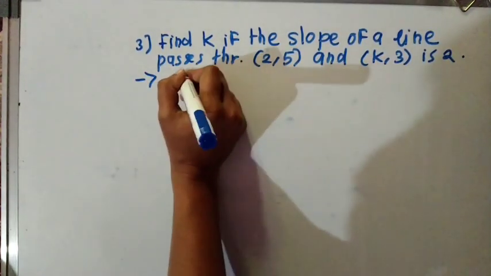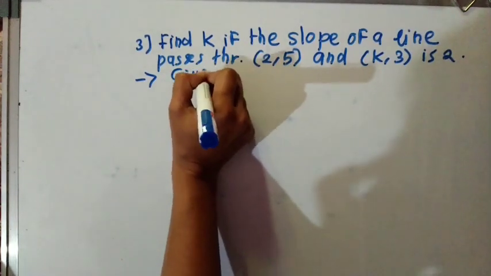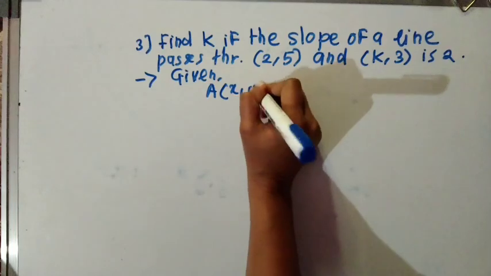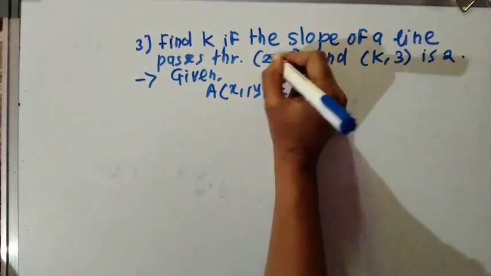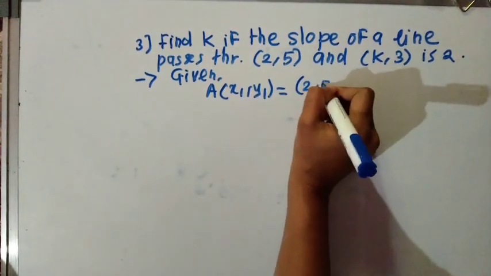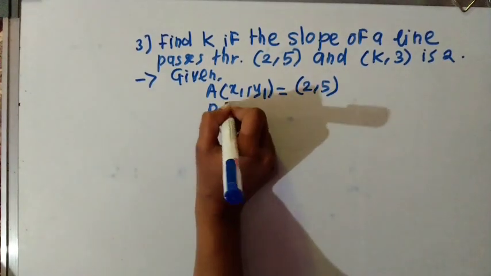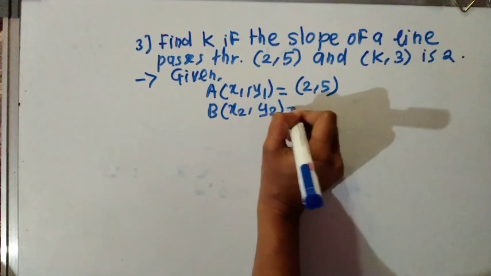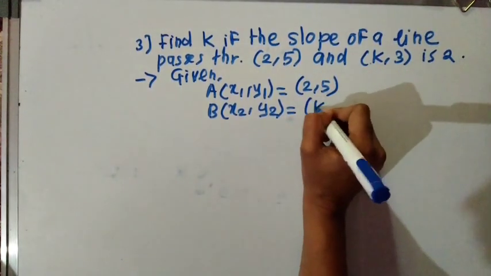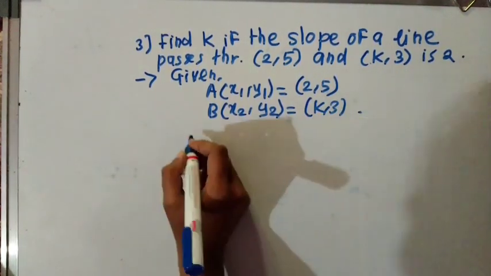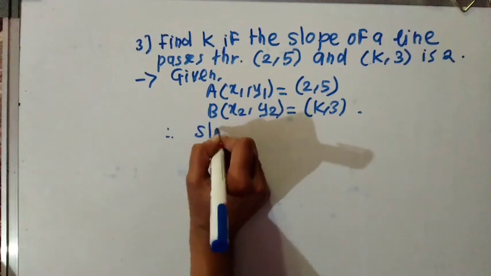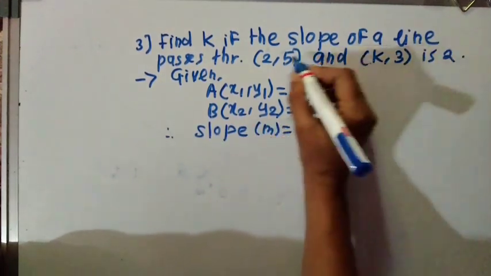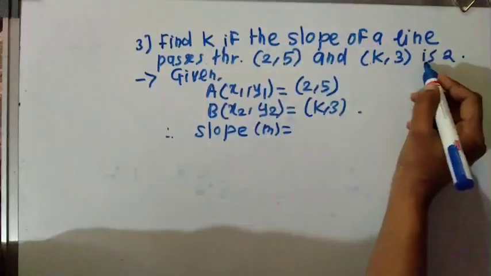First, given A, x1, y1 is equal to 2, 5 and B, x2, y2 is equal to k, 3. The given slope m is 2.